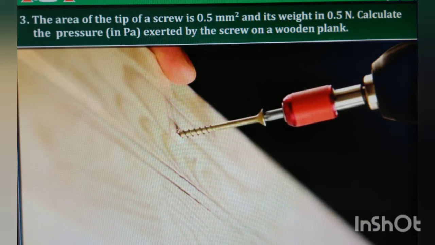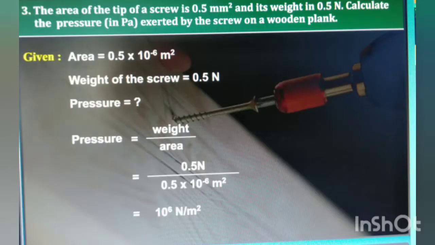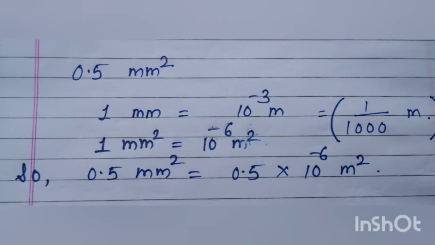Third example. The area of the tip of a screw is 0.5 millimeter square and its weight is 0.5 Newton. Calculate the pressure in Pascal exerted by the screw on a wooden plank. Given area is equal to 0.5 into 10 raised to minus 6 meter square. Here we are converting millimeter into meter. 1 millimeter is equal to 10 raised to minus 3 meter, that is 1 upon 1000 meter.